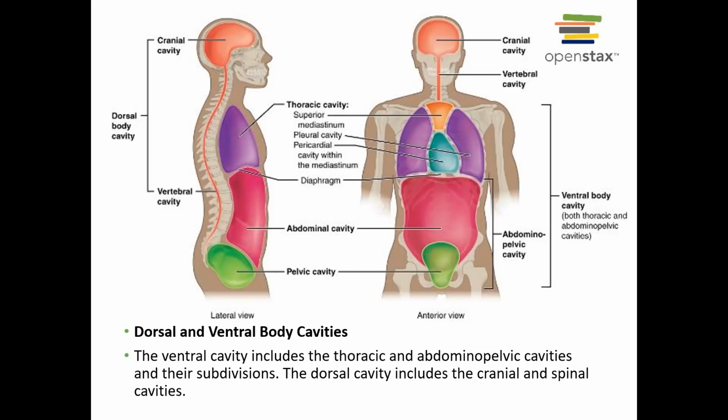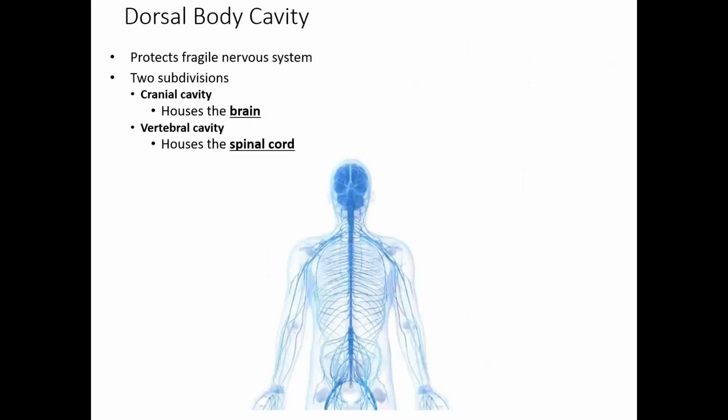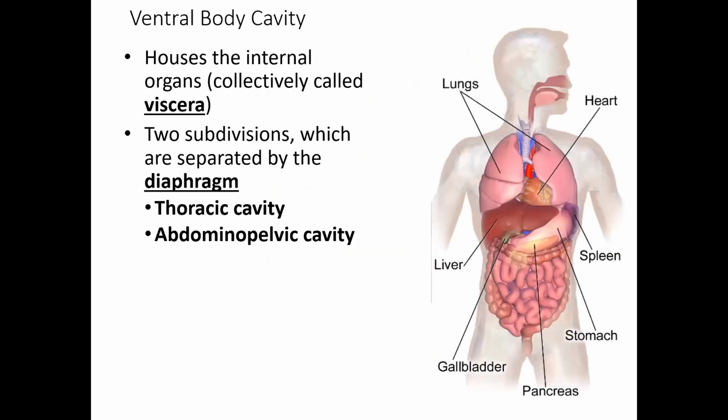Below the ribs, all the viscera only have soft tissue to protect them. When we get down into the pelvic cavity, we have some protection for the urinary bladder from the hip bones, but there isn't much protection there at all. And again, our dorsal body cavity protects the brain and spinal cord.